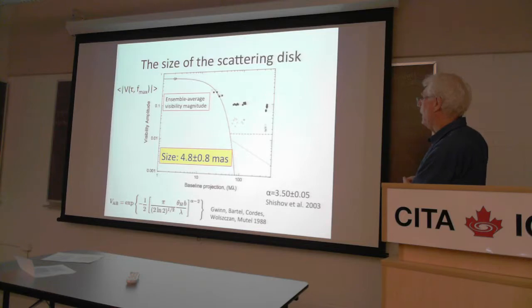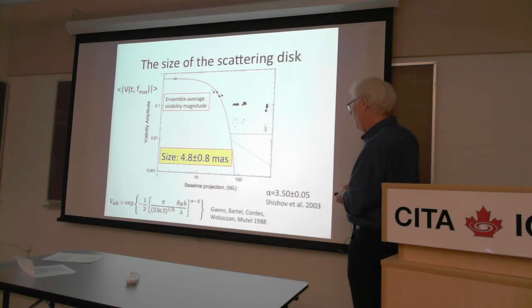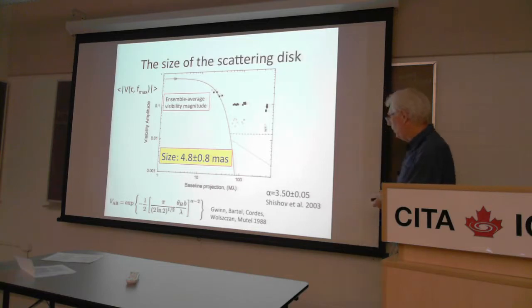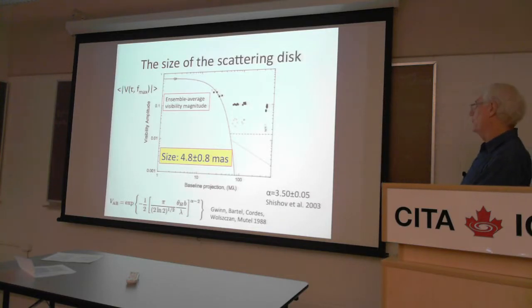So we fit now a curve where this is very close to Gaussian as alpha, or basically Gaussian if alpha is 4. Now, with some theory that was done several years ago, this alpha is not necessarily 4, but with Shishov's paper, we took 3.5, so close to 4, so it's almost a Gaussian, but not quite. 3.5 plus or minus 0.5.